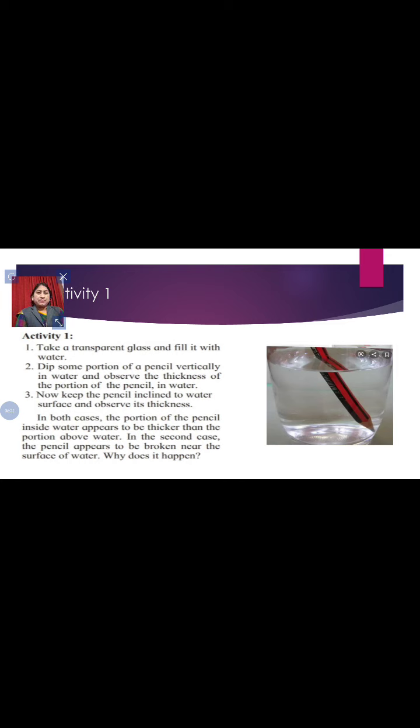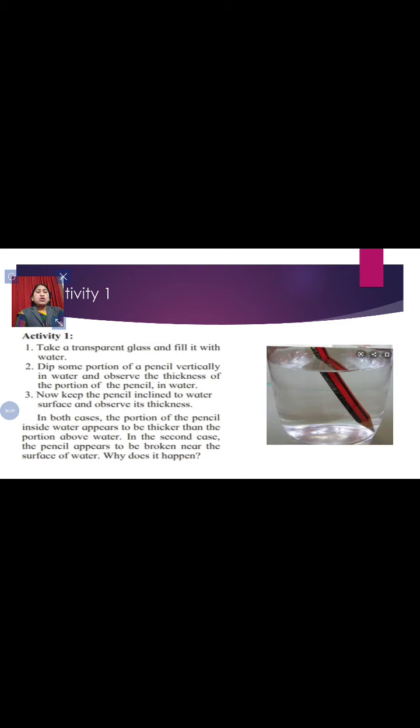See here, for that I will take some activity which is given in your book. That is, the first activity is what? Take a transparent glass and fill it with water. Here, see in the figure, I take a glass full of water and dip some portion of a pencil vertically.